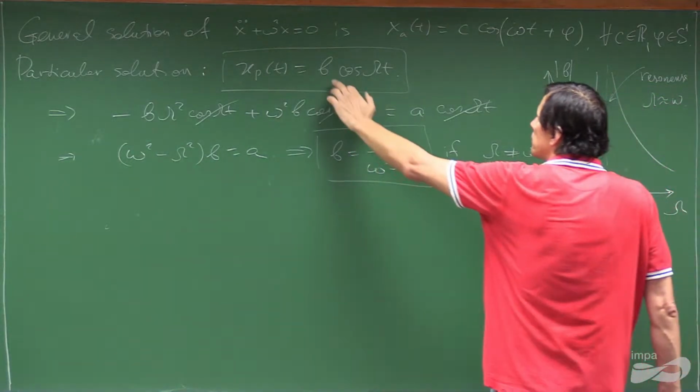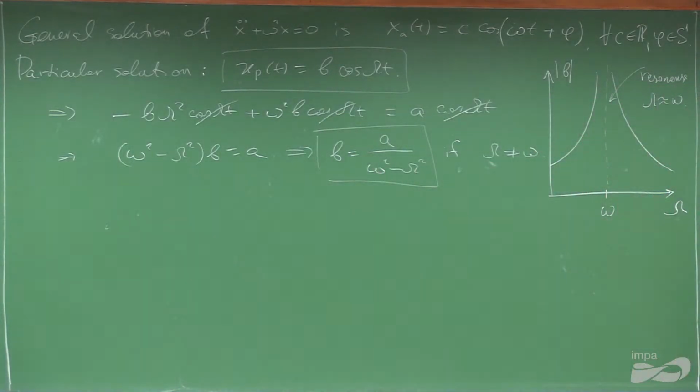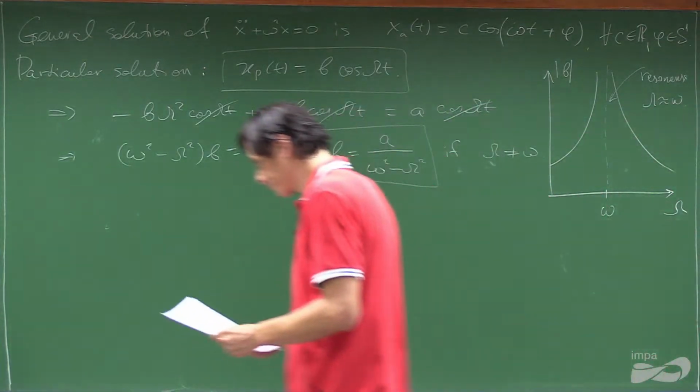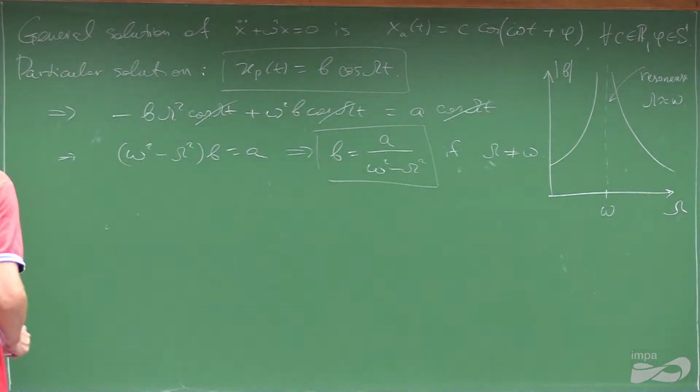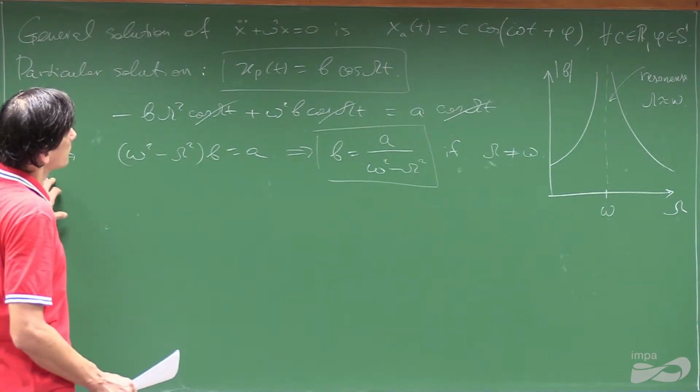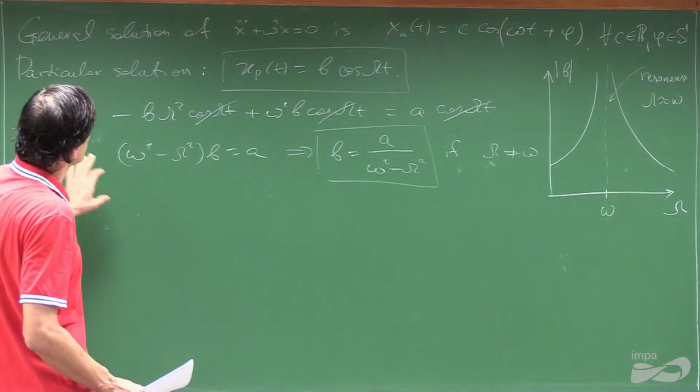And now the amplitude can become very, very big if the frequencies are close to each other. So if you force a pendulum with a frequency which is close to its own frequency, the amplitude becomes very large. Good. So that's resonance. So now we can analyze some properties of this general solution.